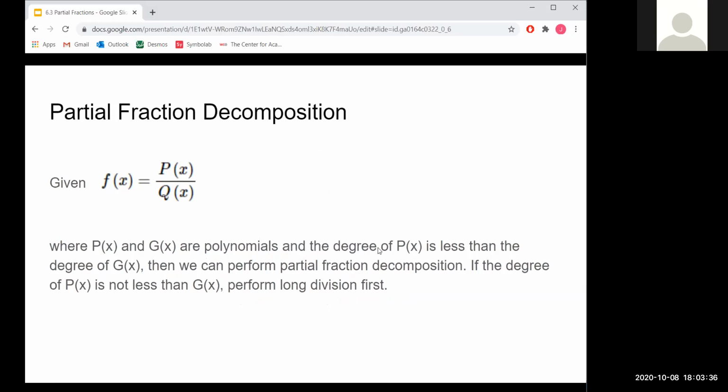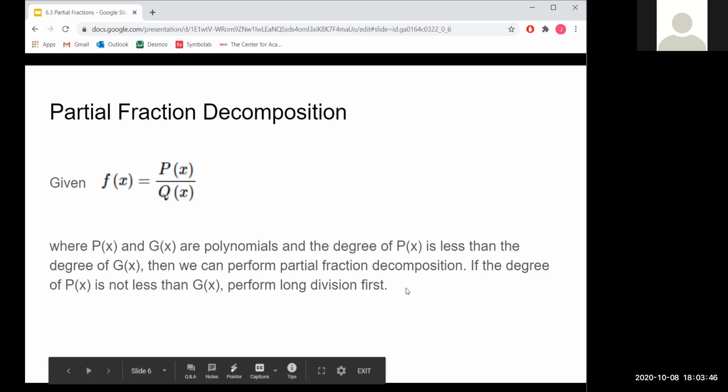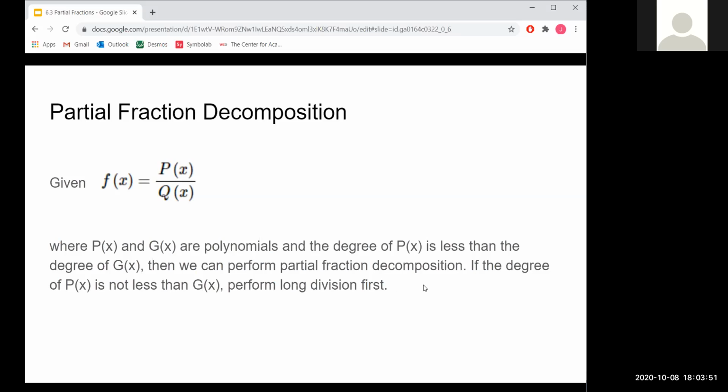There are some cases where the degree of the numerator is not less than the denominator. In those cases, you'll need to do long division before you do partial fractions. Unfortunately, we have to recall how to do long division for some of these questions.